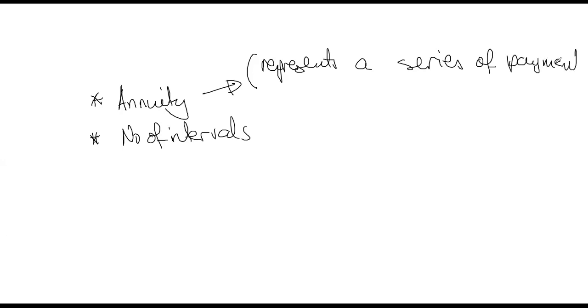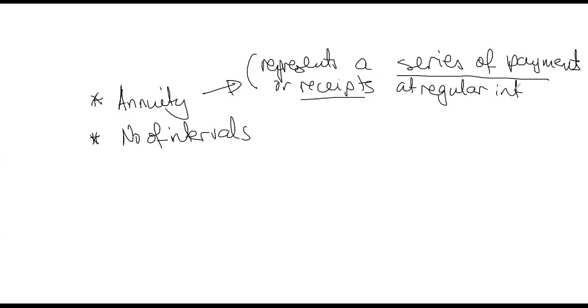Either you're making payments, or receipts, meaning you're receiving money. So an annuity is either a series of payments or a series of receipts at regular intervals, and it's usually the same amount of money. For the purposes of this module, we'll just work with annuities which are the same amount of money.